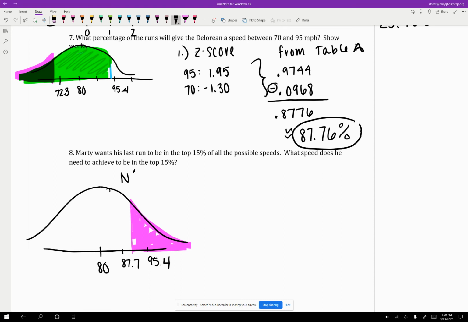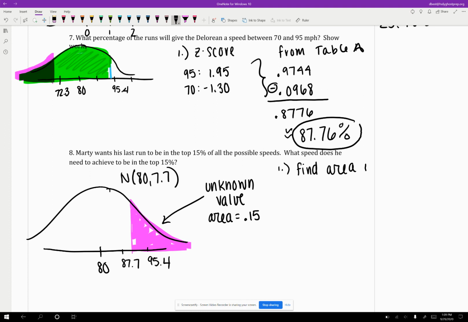And I can still put my notation, so 80 and 7.7. And what I'm looking for is my unknown value, but I know the area is equal to 0.15. So with an unknown value, you take the area you have and find the area in the center of table A. So I'll show you what I mean by that.